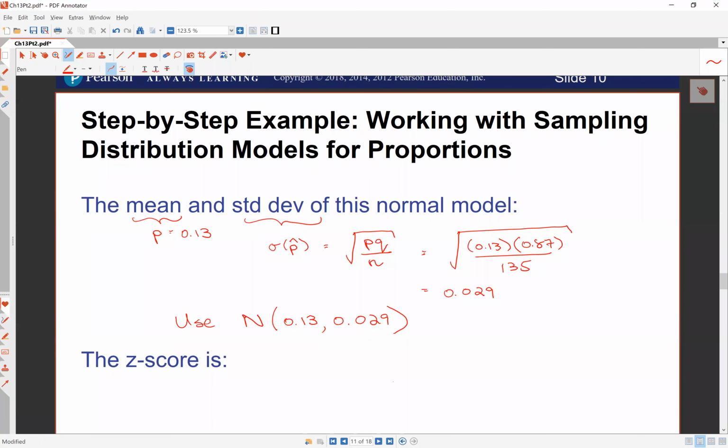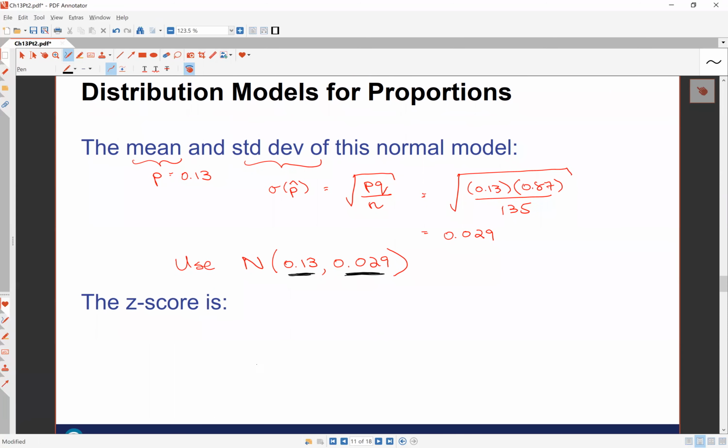This is again very helpful because this tells you how you're actually calculating that z-score. This is the value you're subtracting from p hat. This is the value you're dividing by. So that z-score, p hat minus p divided by the sigma value, well, this is 0.185, that's our sample proportion, minus p, which is the mean of our normal model, divided by sigma, which is the standard deviation of our normal model.